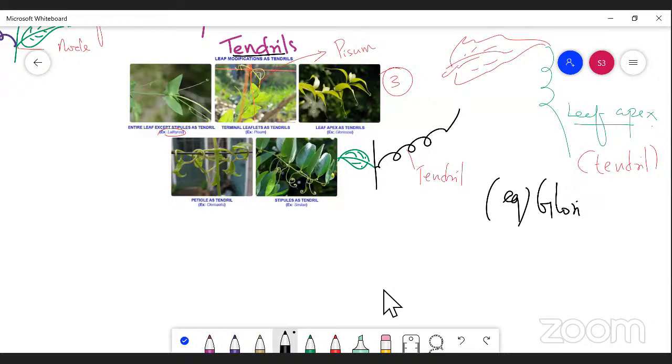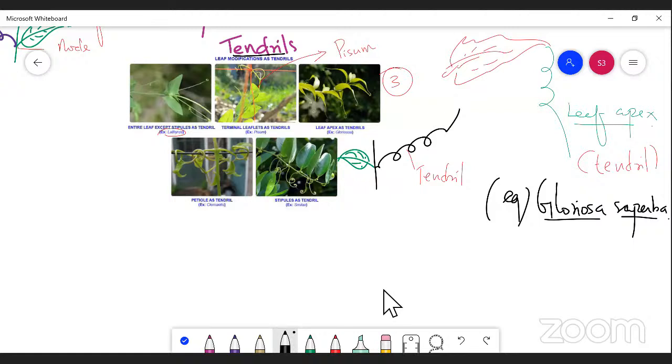Gloriosa superba is the binomial of one of the state flowers, right?